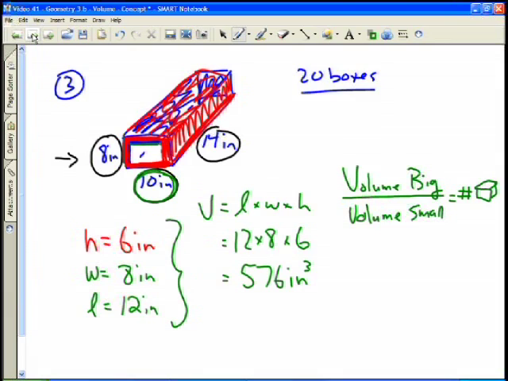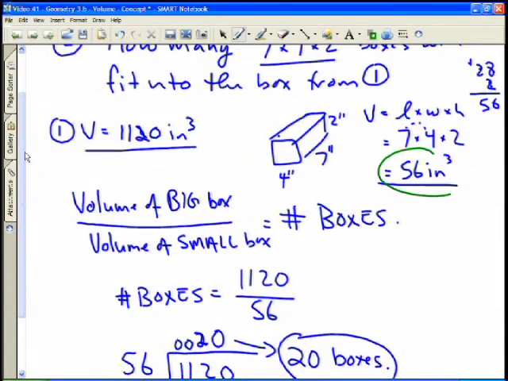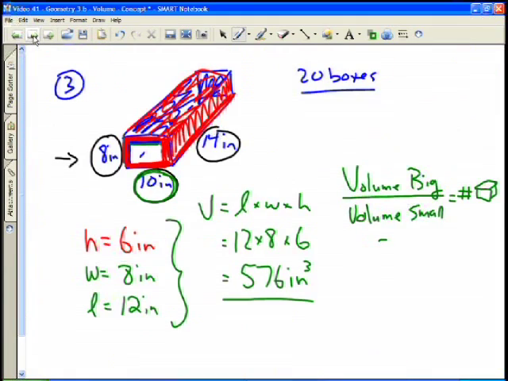And so we see we have 576 total, and we know again that taking from question 2, the volume of each of the small boxes in this question is 56 inches cubed, and so we have 576 inches cubed over, I've forgotten already, 56 inches cubed for the smaller boxes.